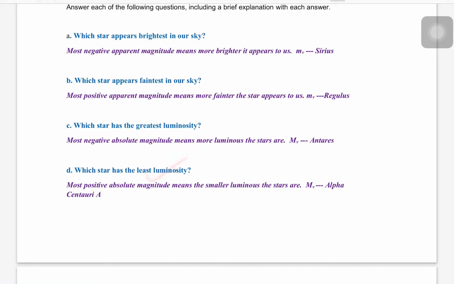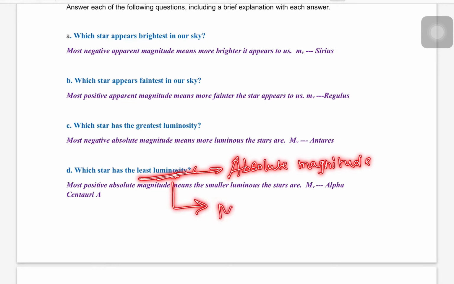And now, which has the least luminosity? Again, what do you look at? The least luminosity means you have to look for the absolute magnitude. And as it says least, you have to look for the most positive MV.